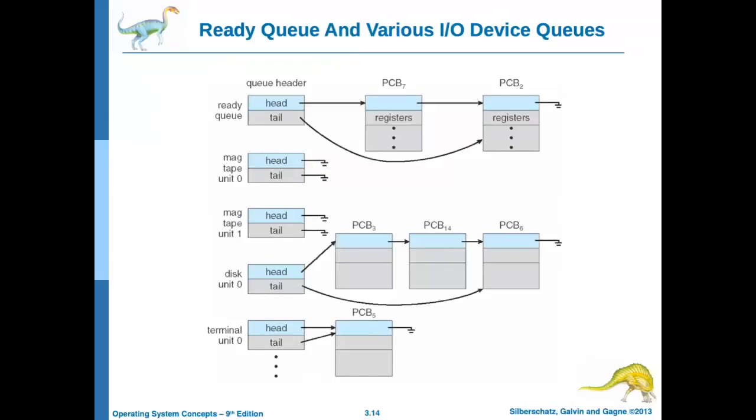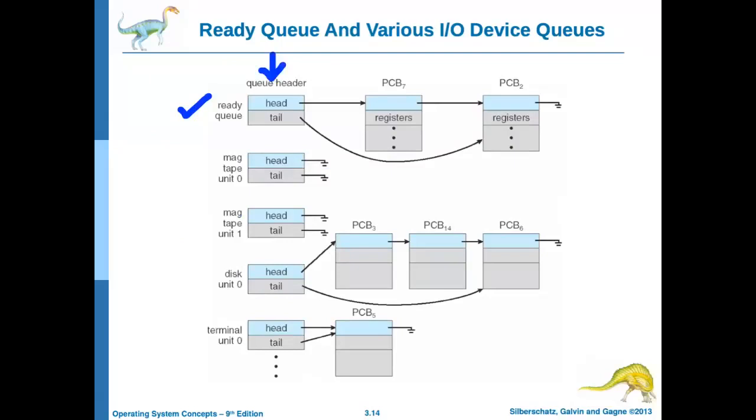This is the example. For example, the ready queue. These are all queue headers. The head is pointing here, so PCB7 is there in the ready queue.